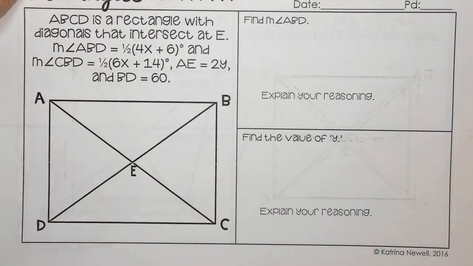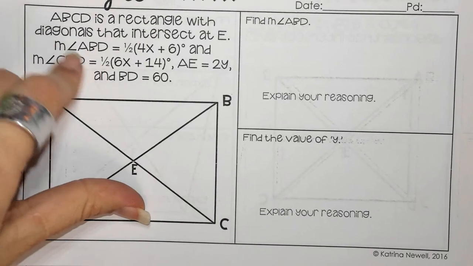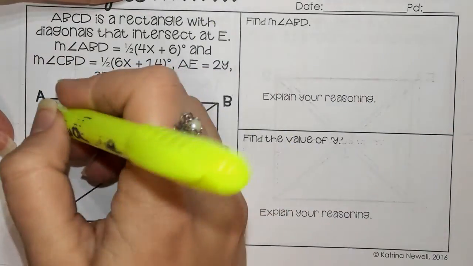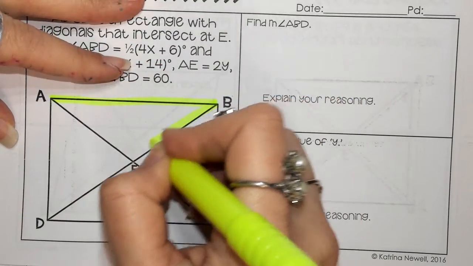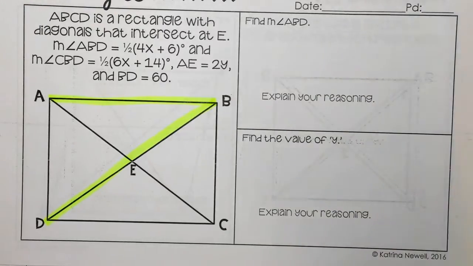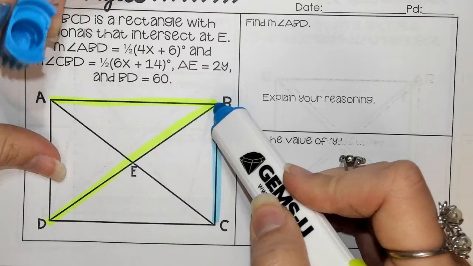Okay, let's look at this problem. These are problems that everybody should have one that's a rectangle. We all have different problems. But you should have one that talks about an angle at one part, correct? Mine talks about angle ABD. I just want everyone to watch and see how I work this problem out. It gives me ABD, and then it also talks about CBD.